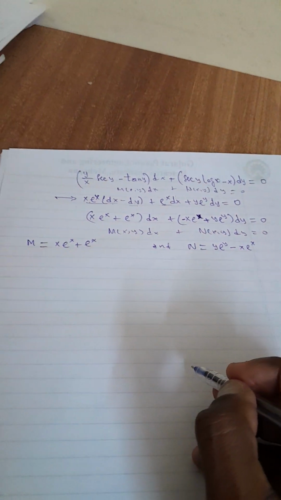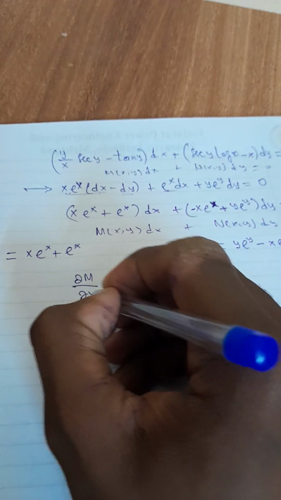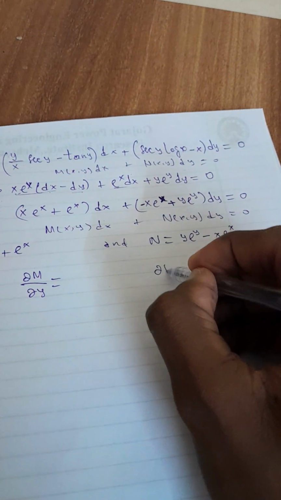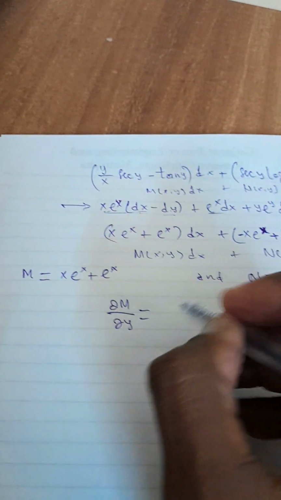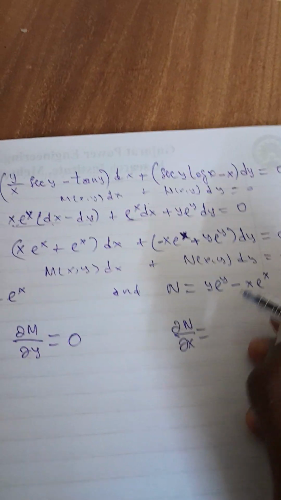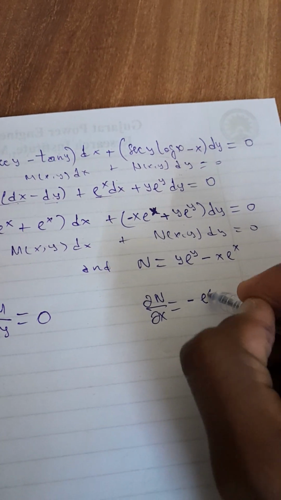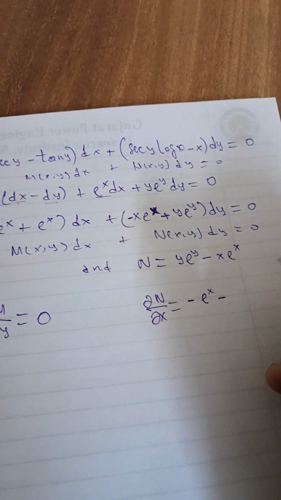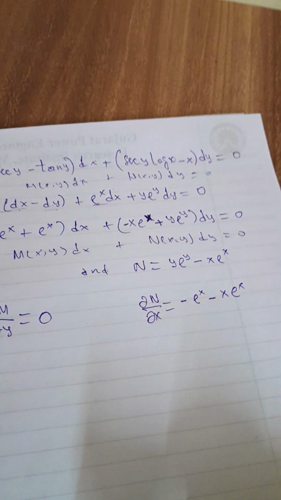Find del m with respect to y and del n with respect to x. Here, with respect to y, it will be 0, no terms in y. And here it will be minus Euler raised to x minus x Euler raised to x.